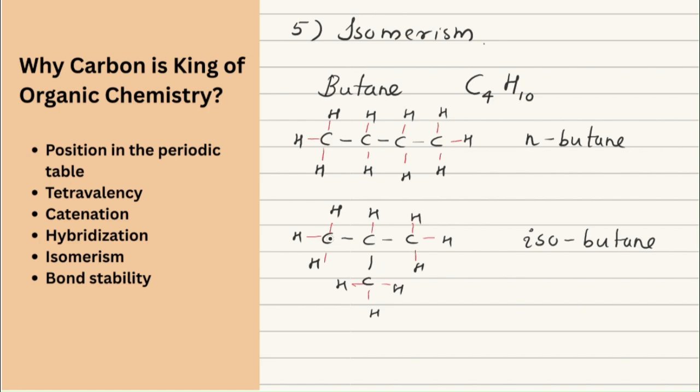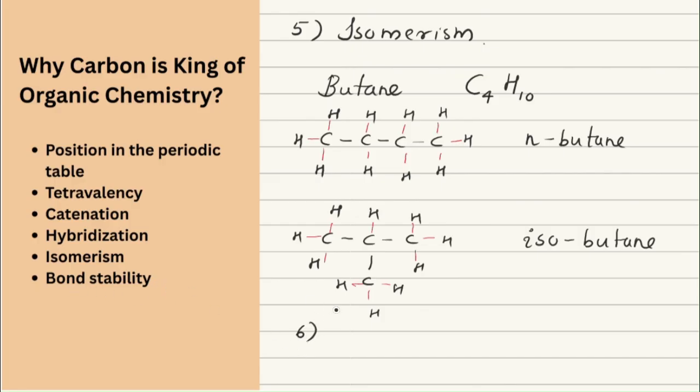That shows that these are two different molecules. So because of isomerism, carbon compounds like hydrocarbons can exhibit different structures for the same molecular formula. So this will increase the probability of forming more and more organic molecules.